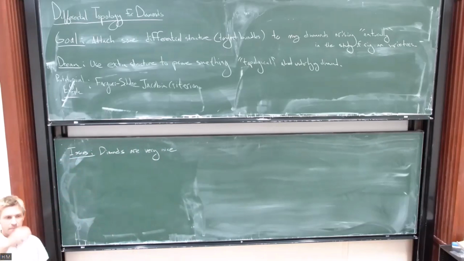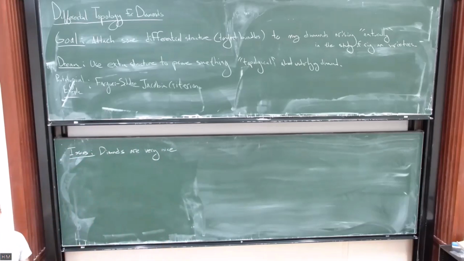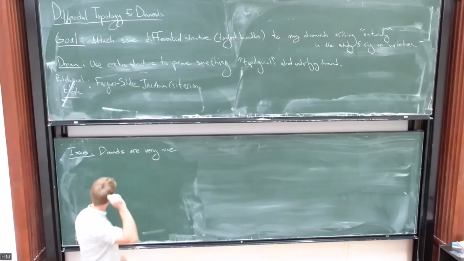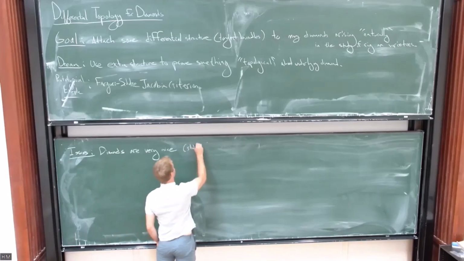You could try to take a limit of a tower of finite étale covers. It's no longer a rigid analytic variety, it is still a diamond. The limit exists in diamonds. This is basically why I want to work in diamonds. I'm interested in rigid analytic varieties, but I want some world where I can do operations like that. I want to take quotients, I want to pass to limits and so on. So they're very nice in the sense that they are stable under natural operations.